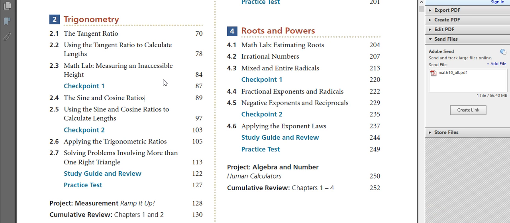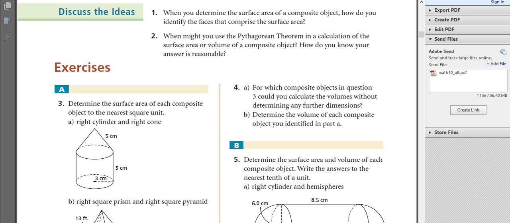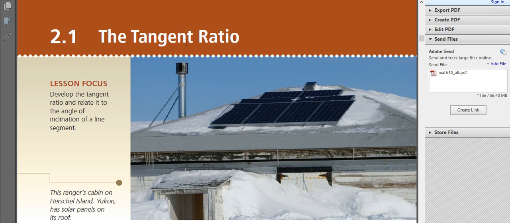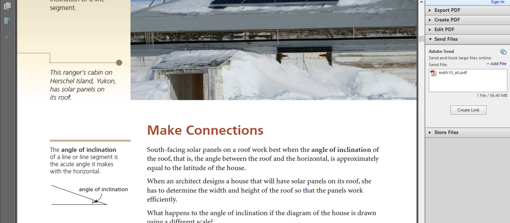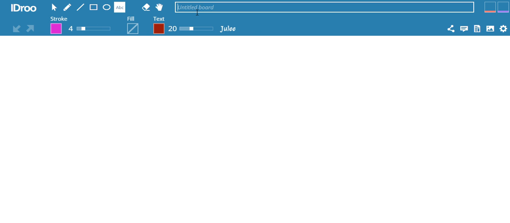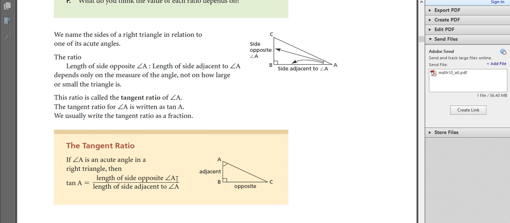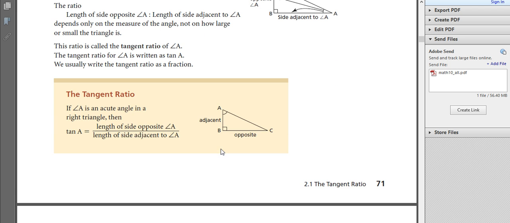Okay, we're going to do tangent ratio, the first topic here. So the first thing you need to know about the tangent ratios.